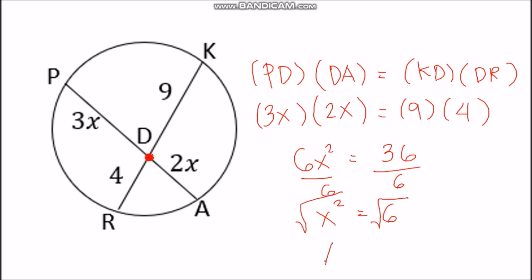So that means X is equal to square root of 6. So again, if you want to check, you can just substitute square root of 6 as X and then multiply it and check if the product of the two segments will be equal with the other one.